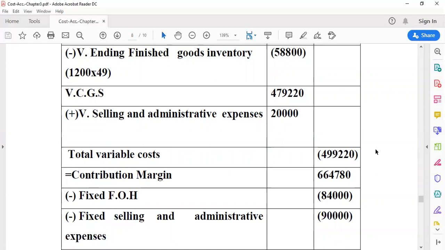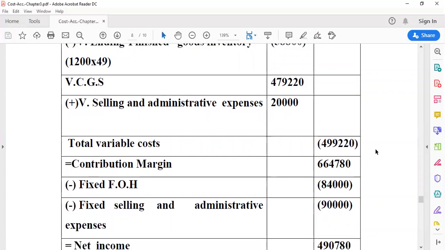According to this, the variable cost of goods sold should be added to the variable selling and administrative expenses, because selling and administrative expenses also have a variable amount. We need this amount to calculate according to this theory.